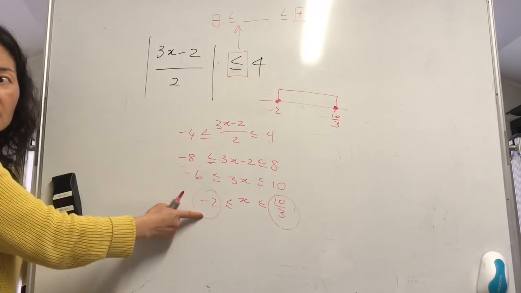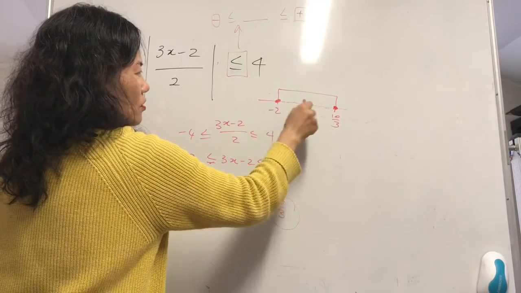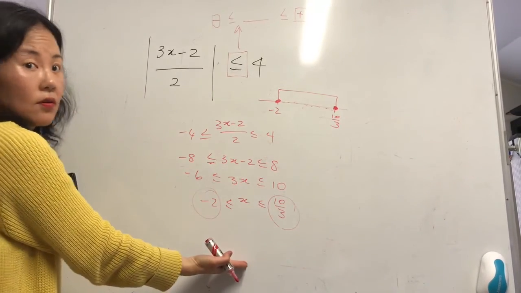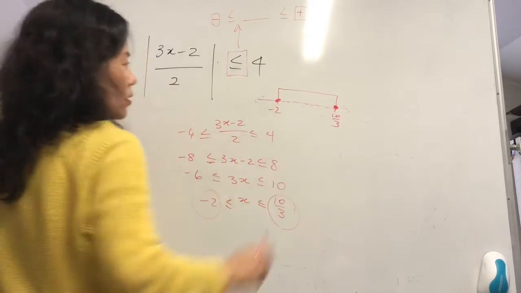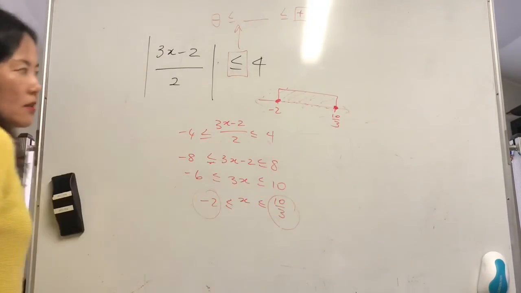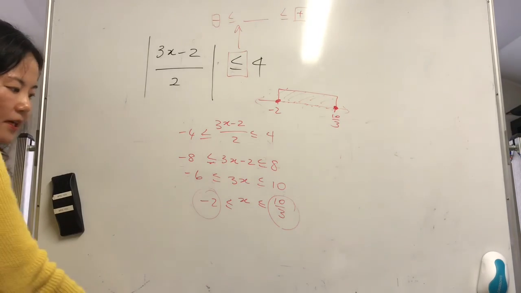The minimum number you can go is negative 2. So all the x values in between these are the x values we're looking for. Okay? That's all. Are we okay with that? So if you want, you can shade it in. That means just include it there. Okay? Excellent. Well done. Finished.